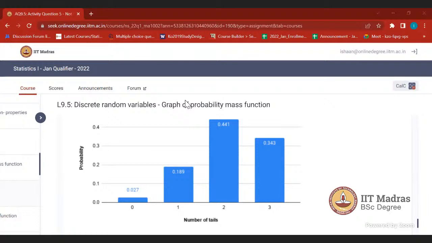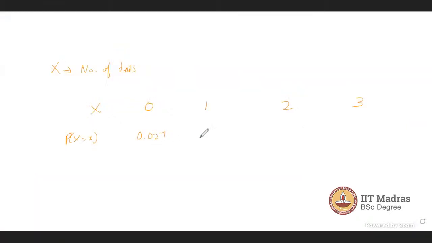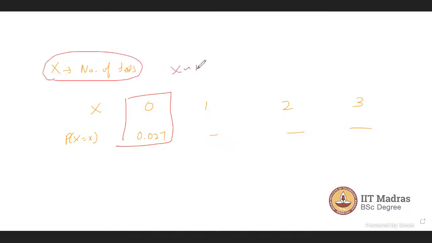So let's only focus on the extreme ones. Let's ignore these ones. X equal to 0. If you notice, your X is nothing but binomial, but for week 9, let's not go to binomial.